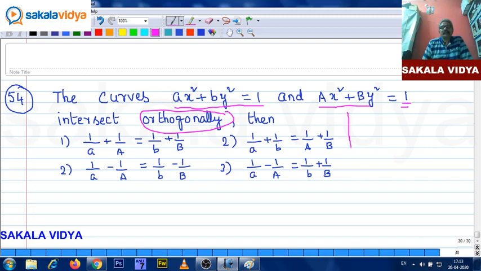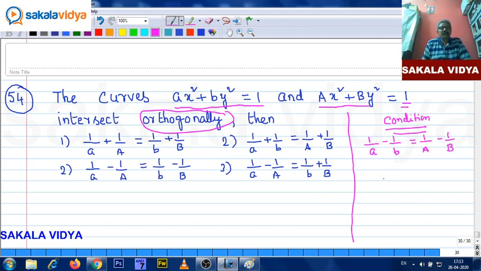Once again, see, this is to be remembered condition, important condition. Whenever the equations are of this form, the condition if they cut orthogonally is 1 by small a minus 1 by small b equals to 1 by capital A minus 1 by capital B. That's all. This is the condition.